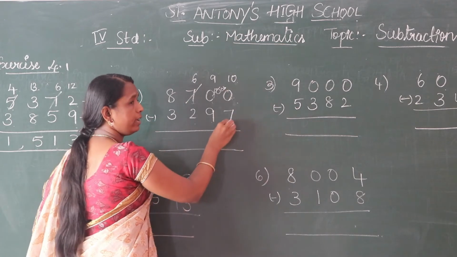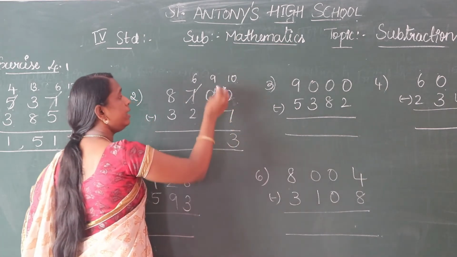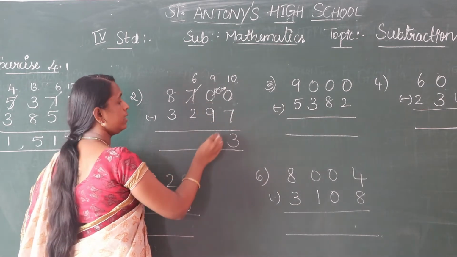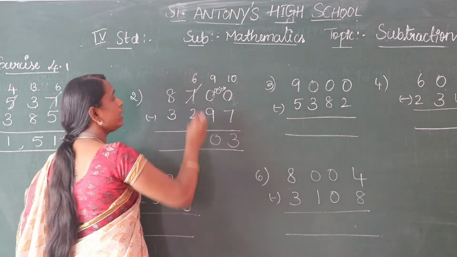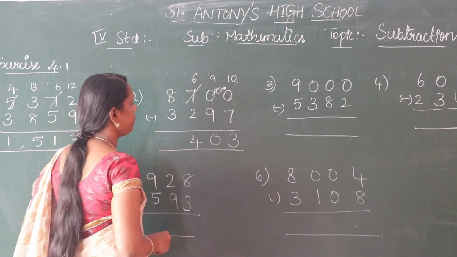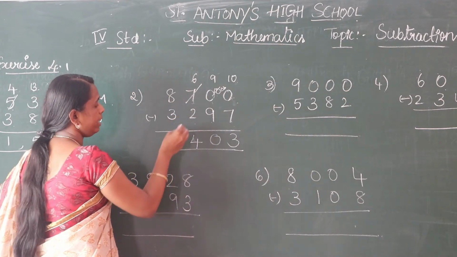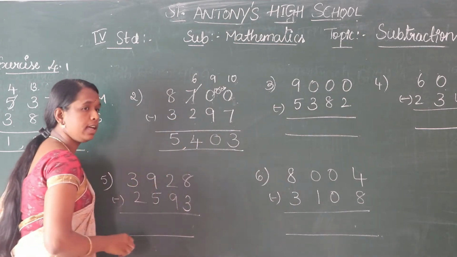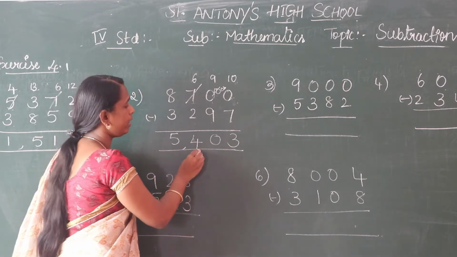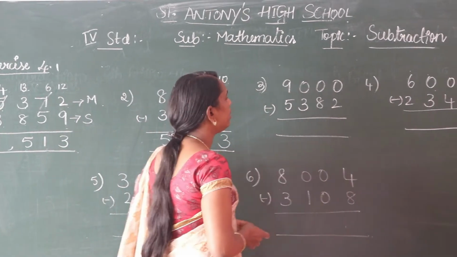Do it yourself. 3. 9 minus 9, 0. 6 minus 2, 4. 8 minus 3, 5. Answer is 5403. So next sum, see, observe carefully.